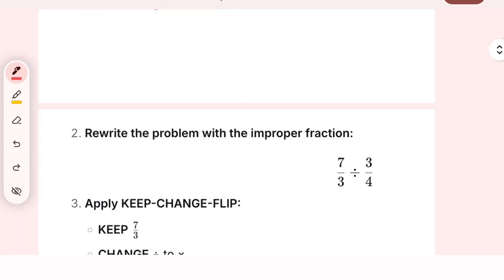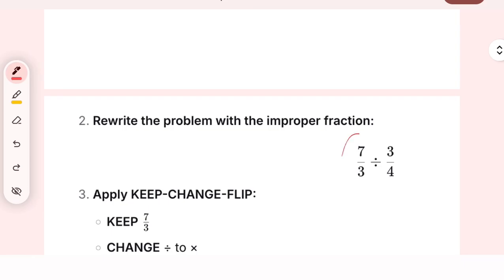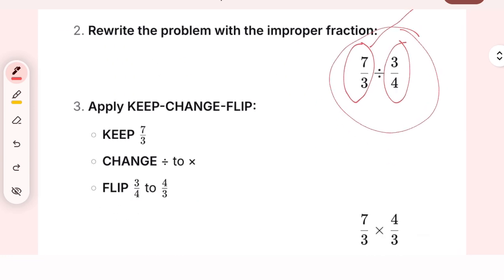So let's do it again. Now we have one fraction divided by another fraction. So now we can proceed with the division of fractions because we already converted the mixed number into an improper fraction. And what are the rules for dividing fractions?